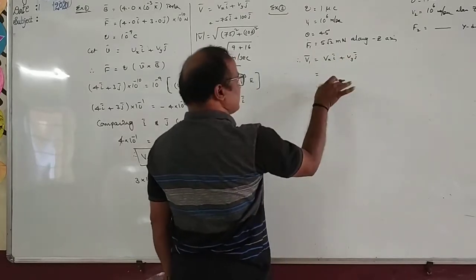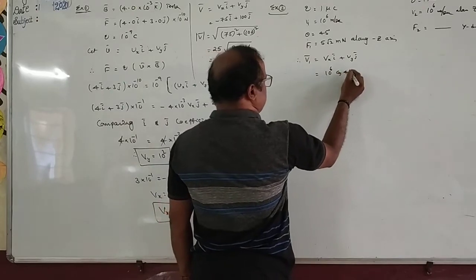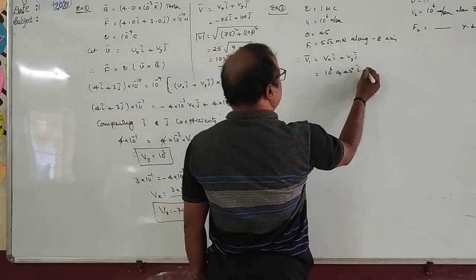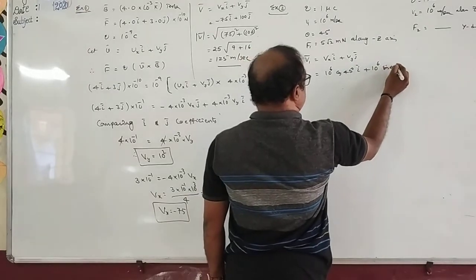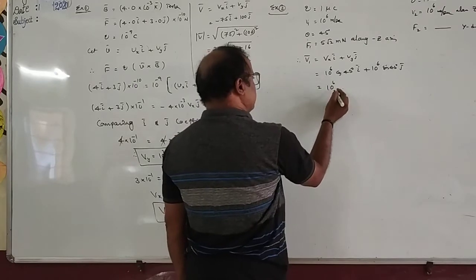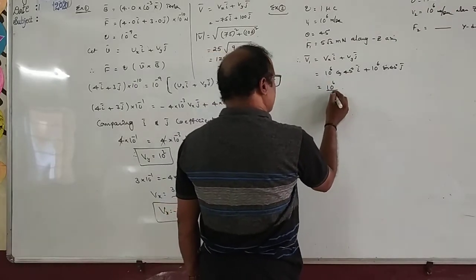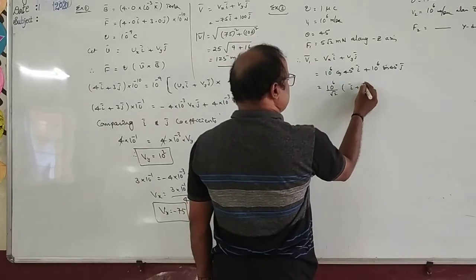Vx means V cos theta, so 10 to the power 6 into cos 45 into i bar, plus 10 to the power 6 into sin 45 into j bar. Taking 10 power 6 common, cos 45 is 1 by root 2 and sin 45 is 1 by root 2, so 10 power 6 by root 2 into (i bar plus j bar).